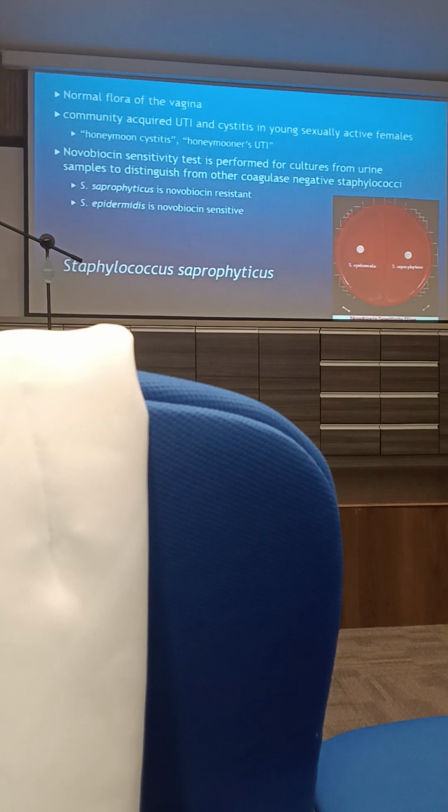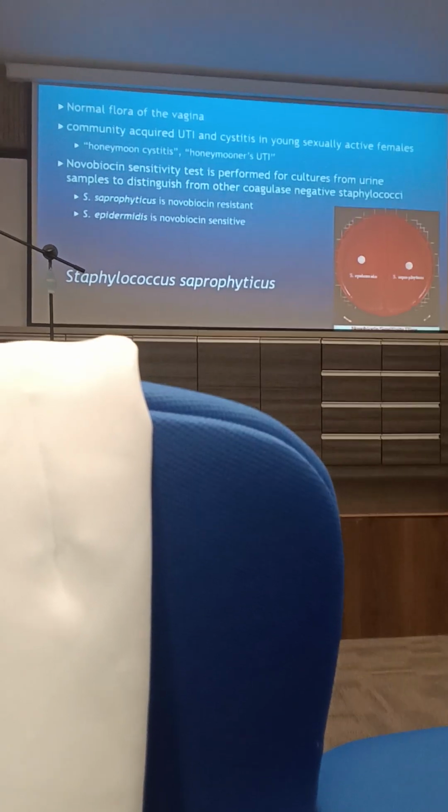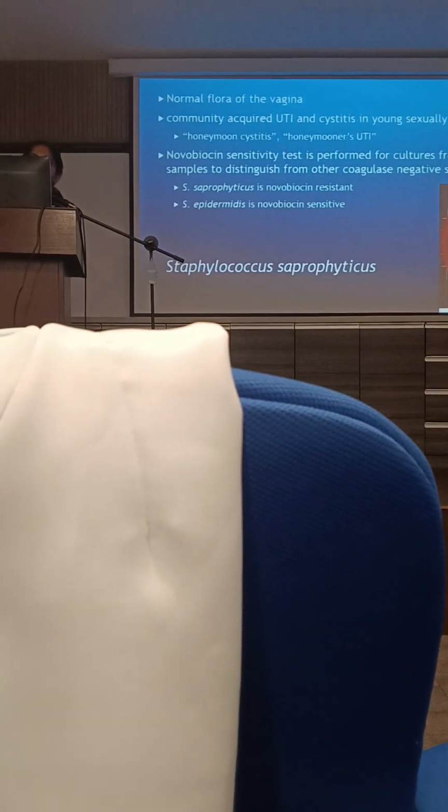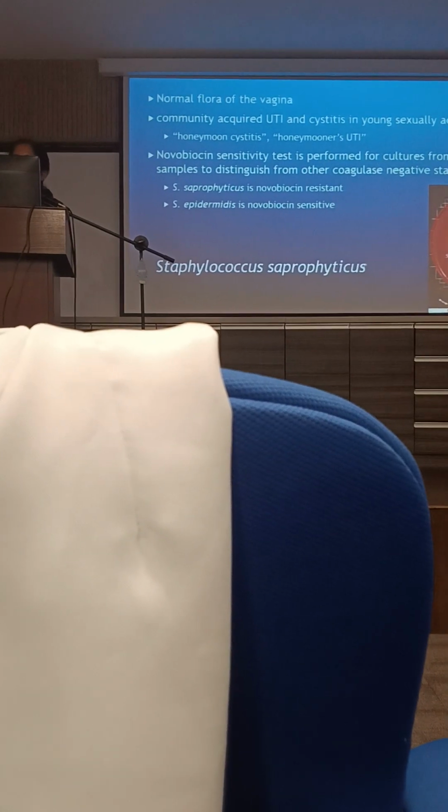In this case, two types of bacteria are being grown, one left, one right, and then you place the drug that you want to test, the antibiotic, on here. It's actually like a filter paper with the drug. Then you incubate together. Next day when you look at it, you can see whether the bacteria is sensitive or resistant to the antibiotic.